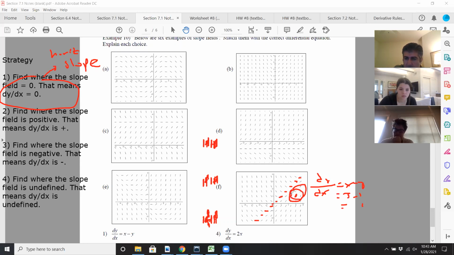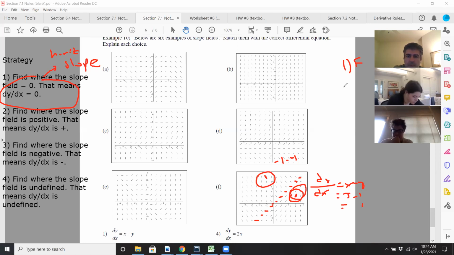That looks like a slope of 2 to me right here. Whereas over here somewhere, if I plug in -1 for x and 4 for y, -1 minus 4, yeah, that looks like a negative slope to me. Okay, that looks good to me. So I'm feeling good about this. I would say 1 is definitely going to be F. And I'm going to erase this because I know what's going on now. So I'd say 1 is F.